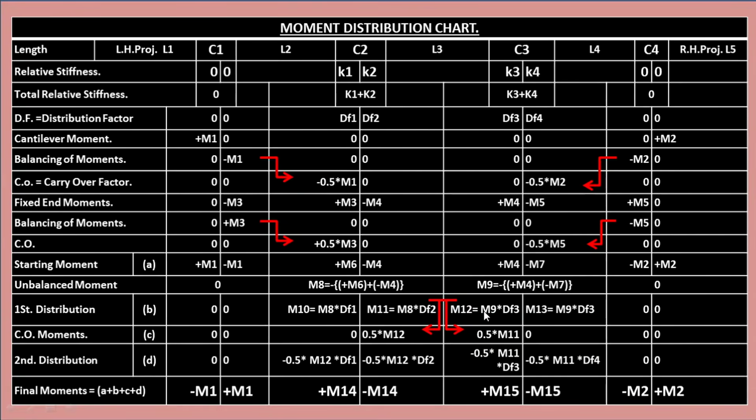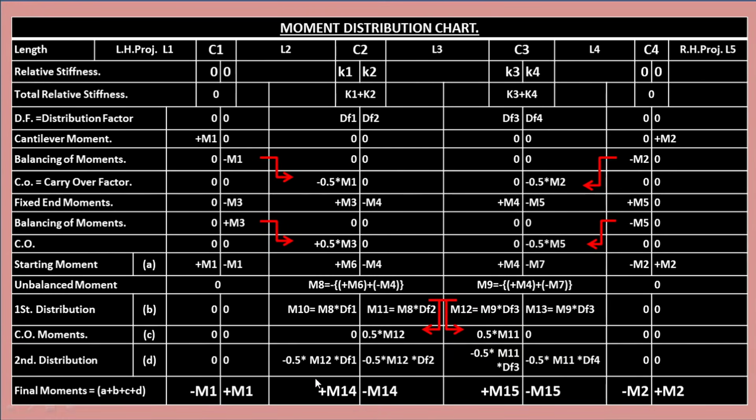Similarly, M12 is equal to M9 into dF3, M13 is equal to M9 into dF4. Carry over: half of this moment will carry over. From M11, half of M11 will carry over to this point, and half of M12 will carry over to these 2 points.